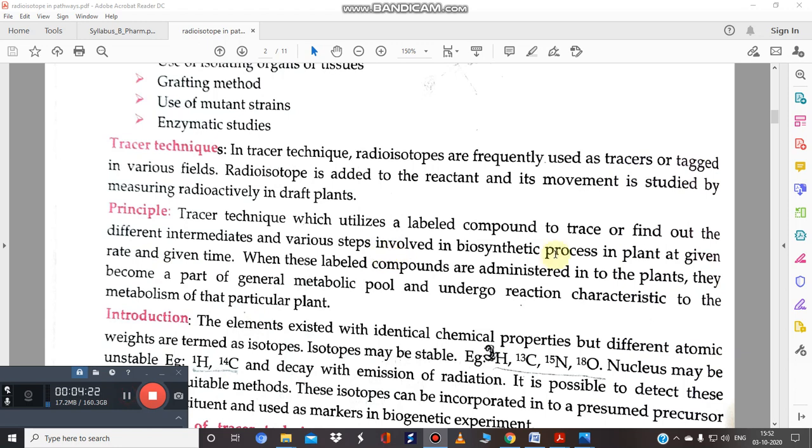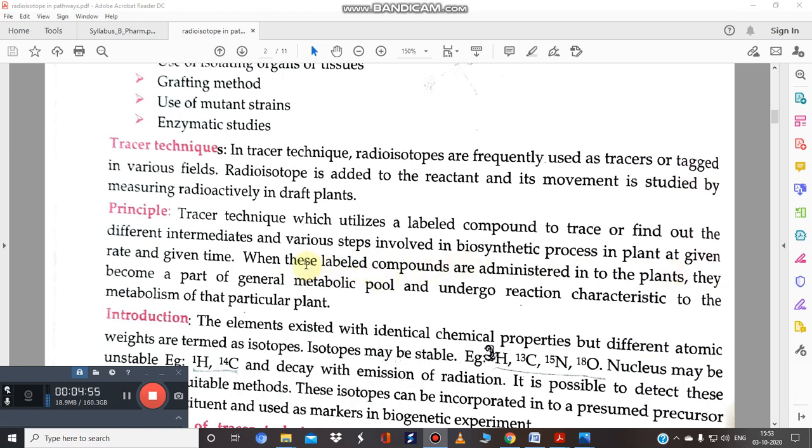It's very simple. We use a radioactive isotope to trace the different intermediates produced during biosynthetic pathways, because there are a number of intermediate steps that are very important for the production of secondary metabolites. So for that, we will use this labeled compound and administer it to the plant.